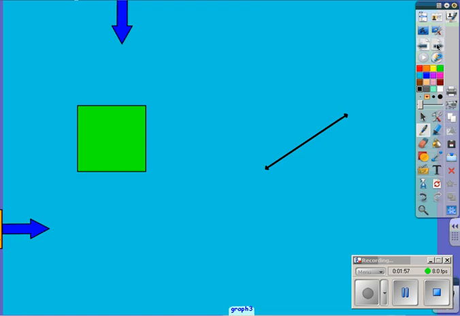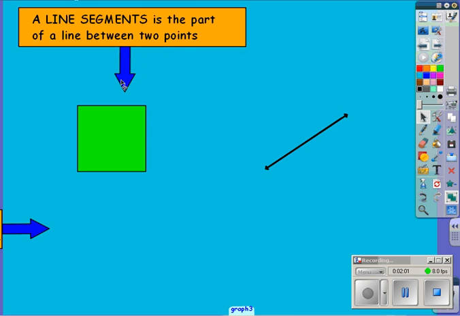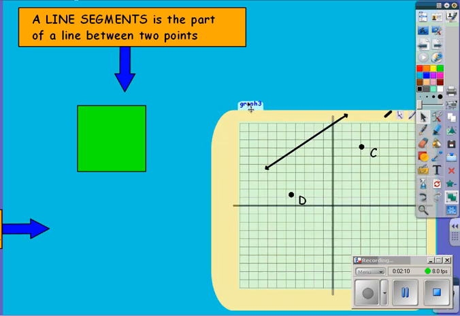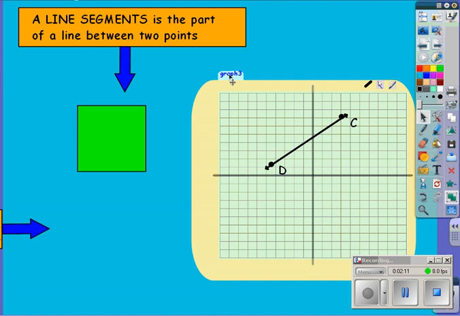Going with that, another thing we can look at are what are called line segments. Now, a line segment is the part of a line between 2 points. So again, I'm going to pull up 2 points here. In this case, C and D. But what's different about a line segment in comparison to a line is, if you'll notice on the figure, the arrows are gone.